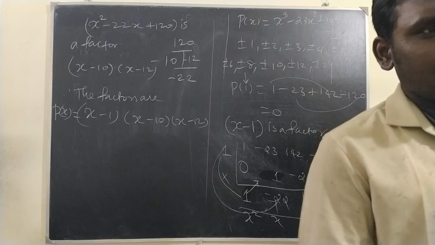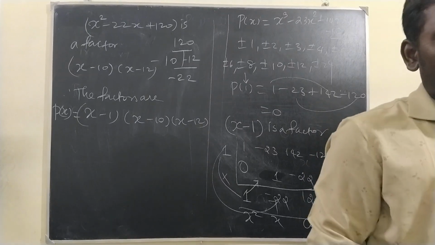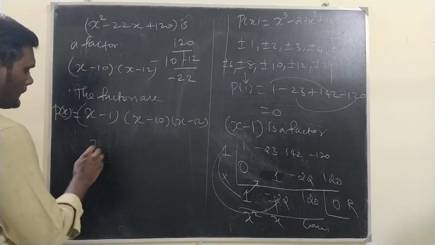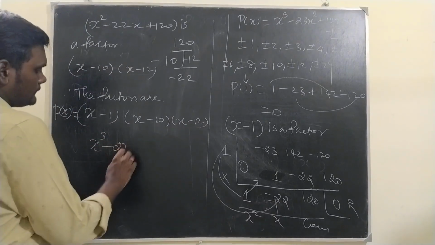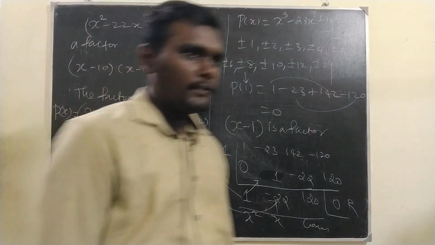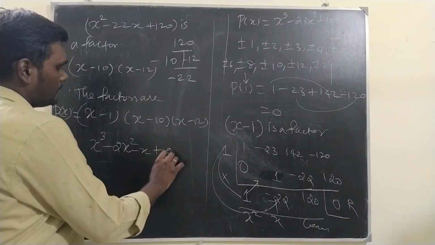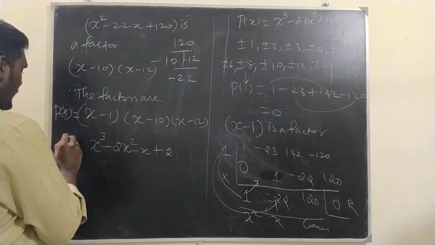Take this example, x cube minus 2x square minus x plus 2. Factorize.